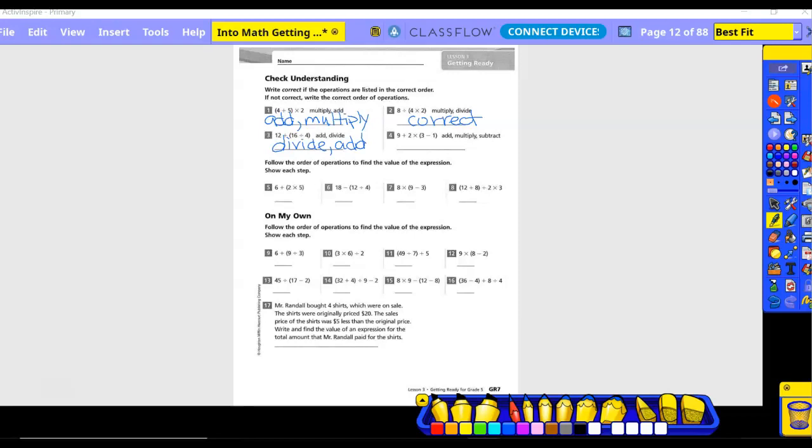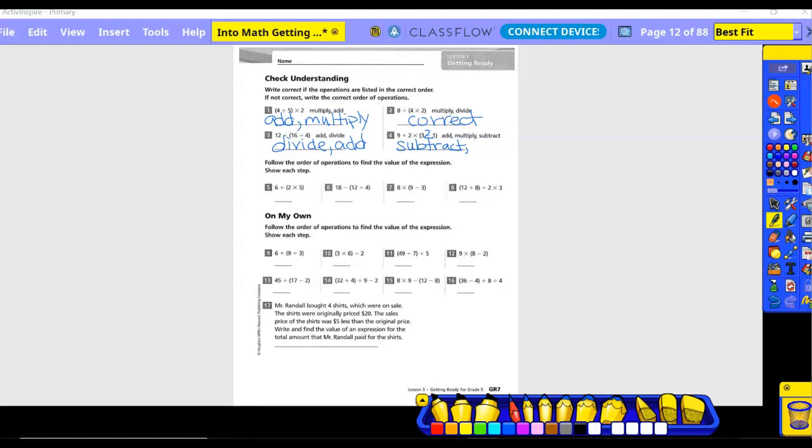Okay, the next one. We have 9 plus 2 times parentheses 3 minus 1. So what would we do first? Subtract. So is that in the right order? No. So we would subtract, and we would say that this is 2. Okay. Then what am I going to do?